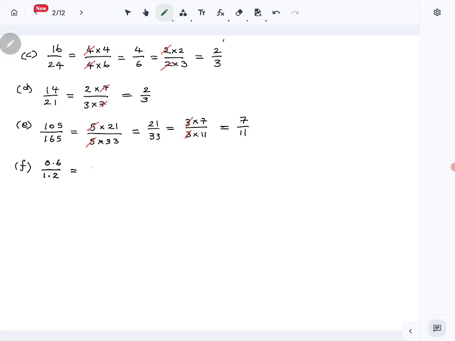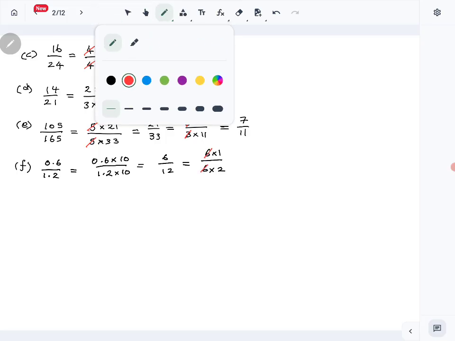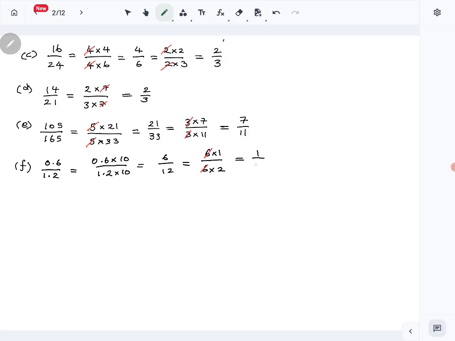So we'll multiply both the numerator and the denominator by 10. So we'll get 6 over 12. So this is easy, no? 6 over 12 is half, because 6 can be written as 6 times 1 and 12 can be written as 6 times 2. So you get the simplified form of the fraction, which is half.